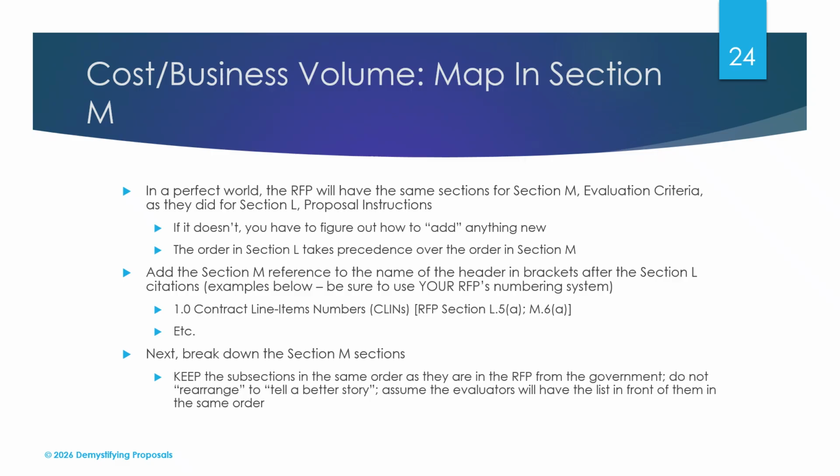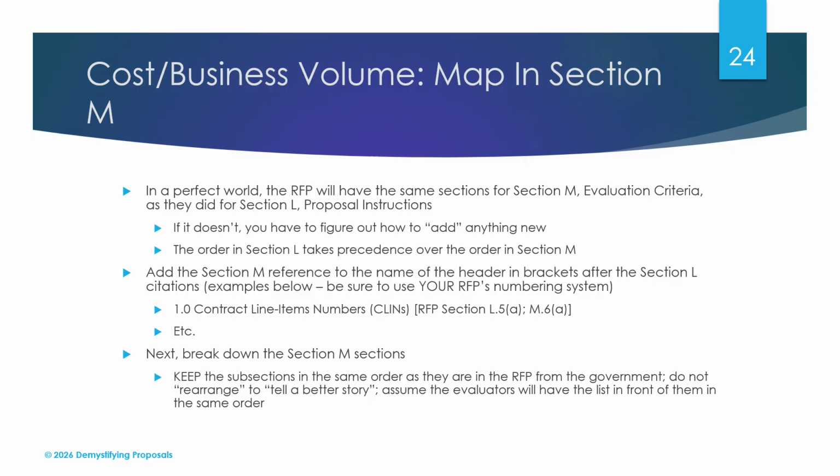But as with the technical volume, the order in section L takes precedence over the order in section M. Then add the section M references in brackets behind your section L references. Again, this is very similar to what we did with the technical volume.